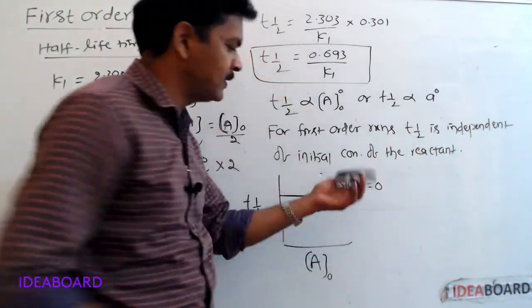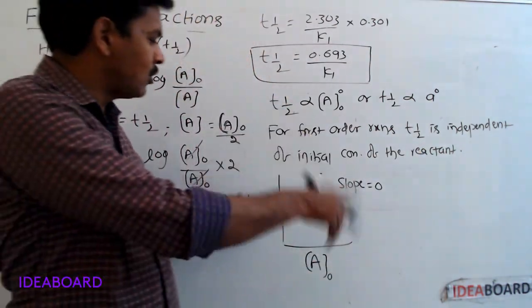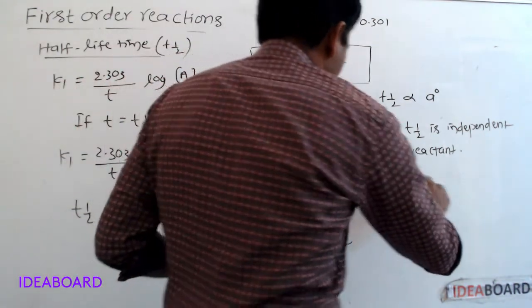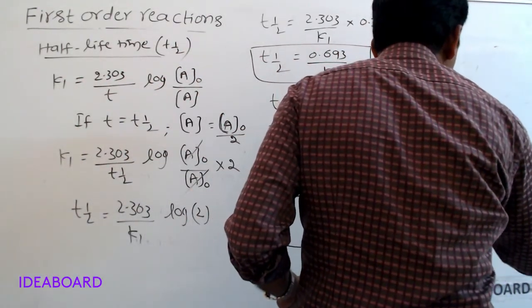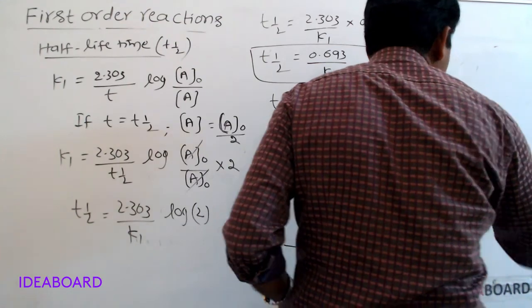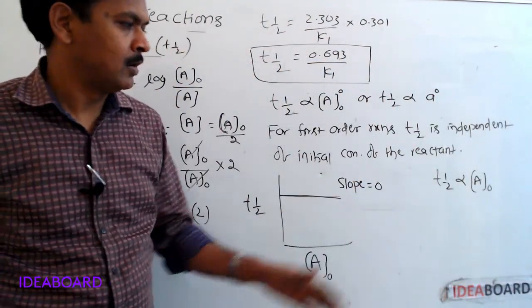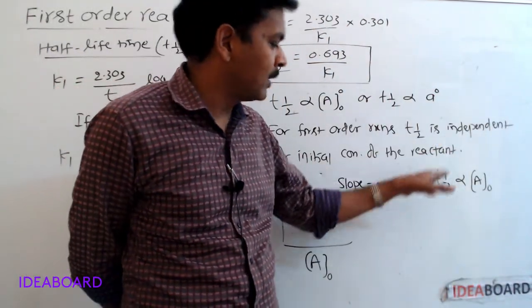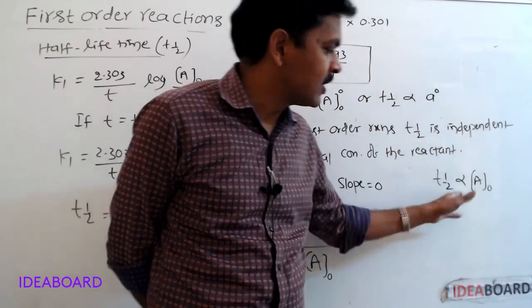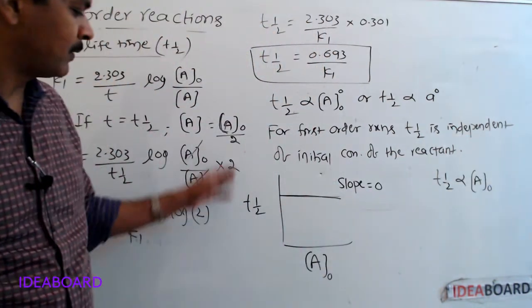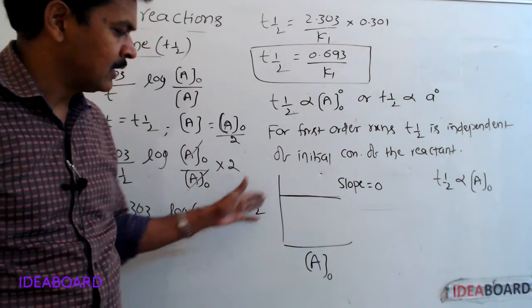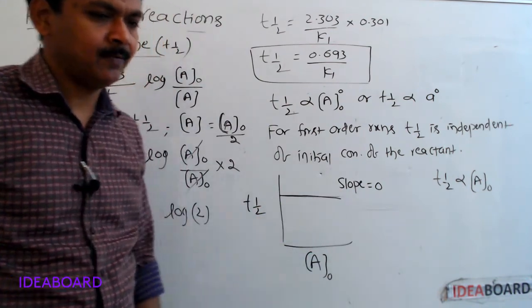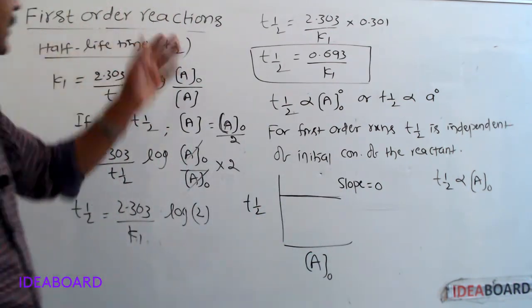Its slope is 0. In zero order reactions, T half is directly proportional to initial concentration. But for first order reactions, half-life time is independent of initial concentration. This is first order reaction.